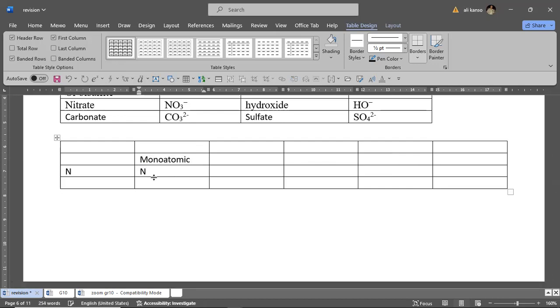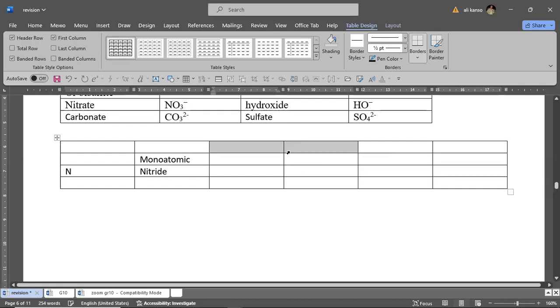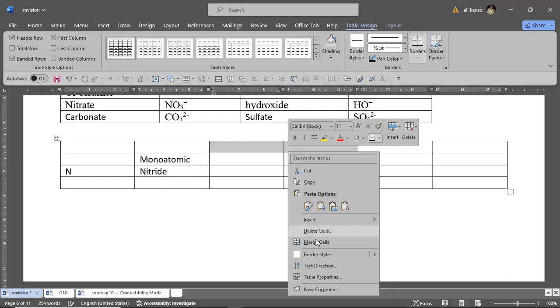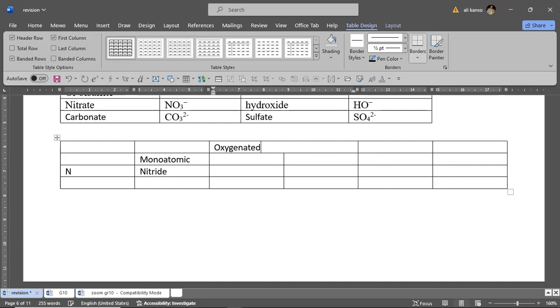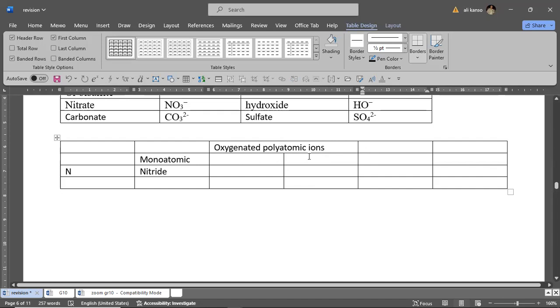Nitrogen, we said nitride. If they are oxygenated, with less number, oxygenated polyatomic ions, oxygenated with less number of oxygen.